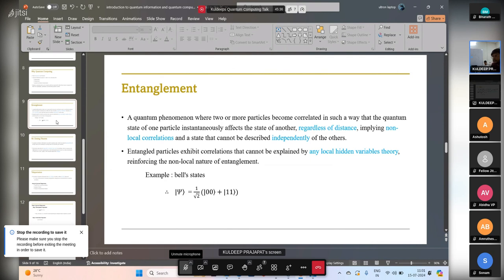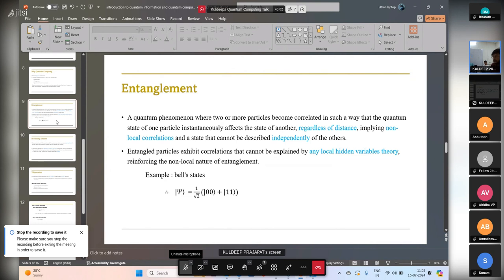There are various ways of writing it. One of the simplest ways to write entangled states is Bell states. So, just as you told, you have four different Bell states: 00 plus 11, 00 minus 11, 01 plus 10, and 01 minus 10. These are just some of them. You can also have 3 or 4 qubits and so on.